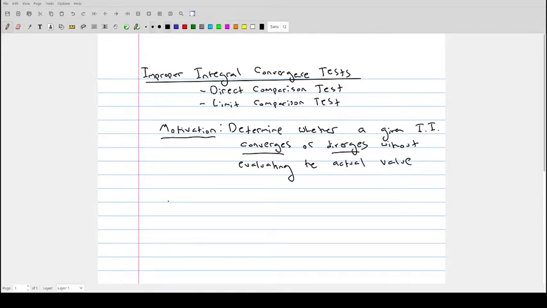And the reason that this is important is because very often we get functions with exceedingly complicated antiderivatives.